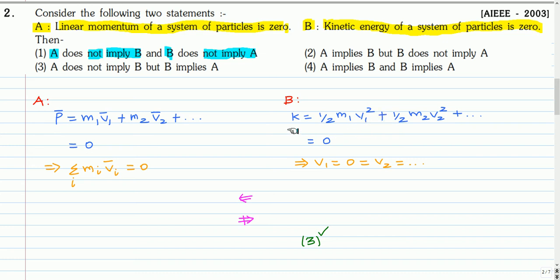So if the kinetic energy of the full system is 0, it means all the velocities of all the particles are 0. So when all the velocities are 0, obviously the summation of mi vi will be 0 because it's a 0 vector. So statement B will imply statement A, but if A is true, it's a vector sum of mi vi. That does not imply that individual velocities are 0. So statement A does not imply statement B. So the correct option is option C.